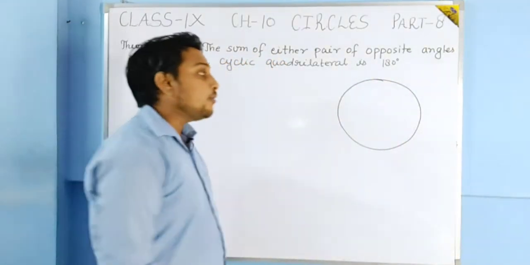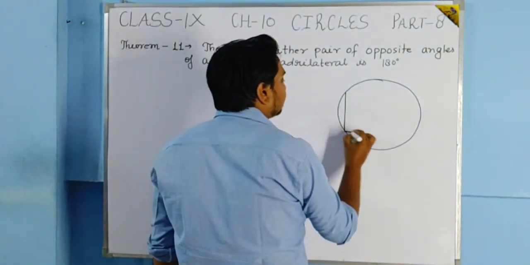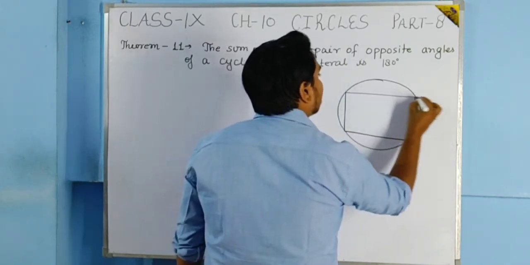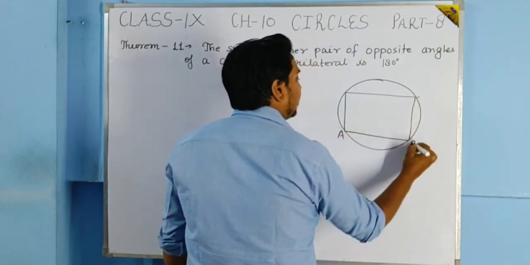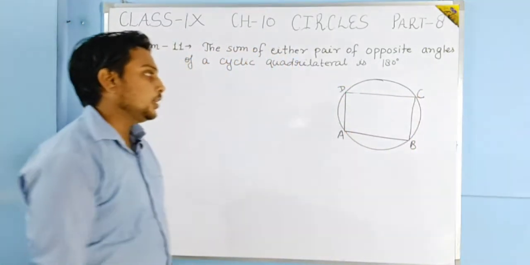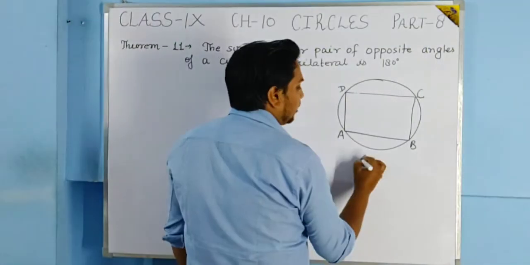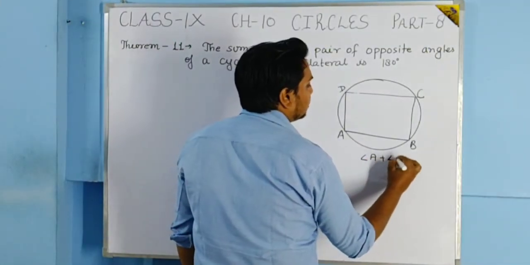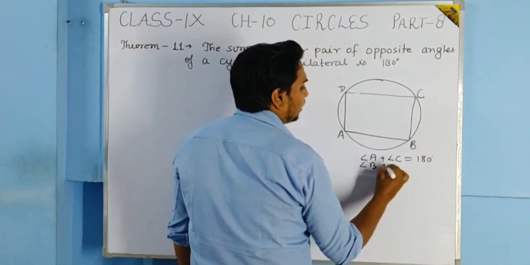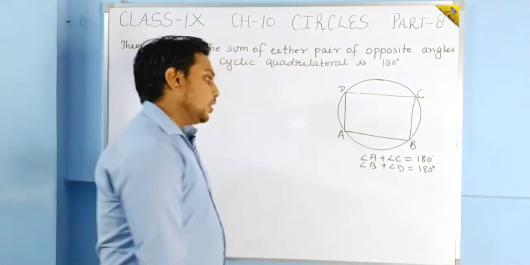But here you have to prove it also. Suppose this is a cyclic quadrilateral ABCD. According to the statement, angle A plus angle C is equal to 180 degrees, and angle B plus angle D is equal to 180 degrees.